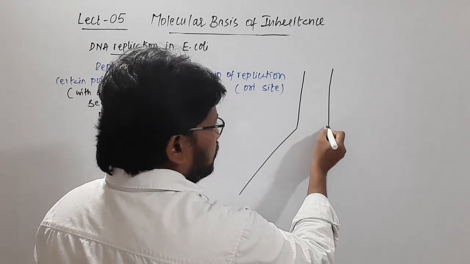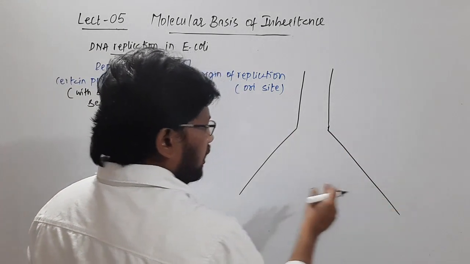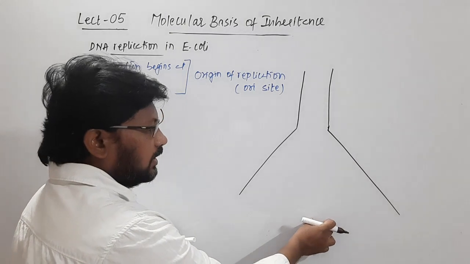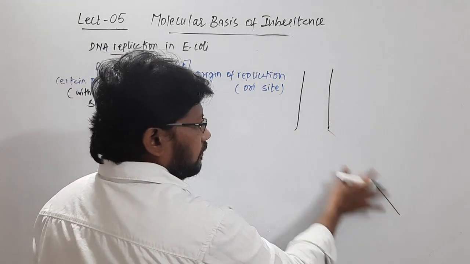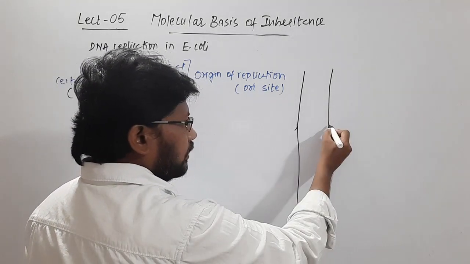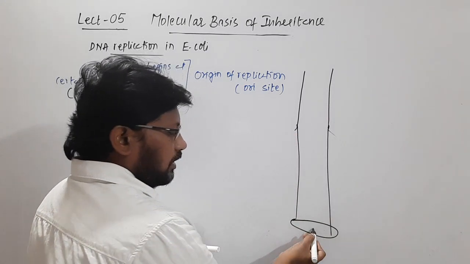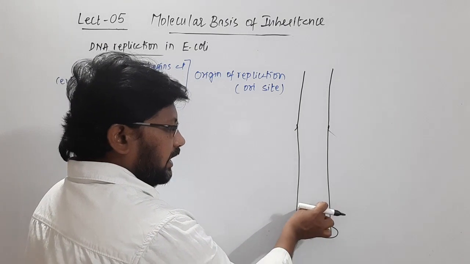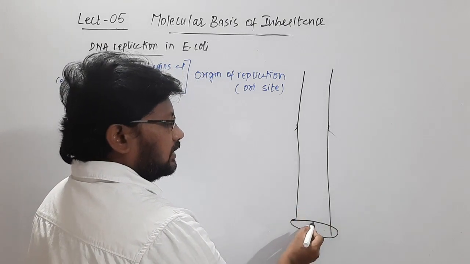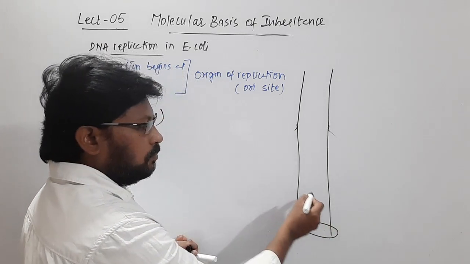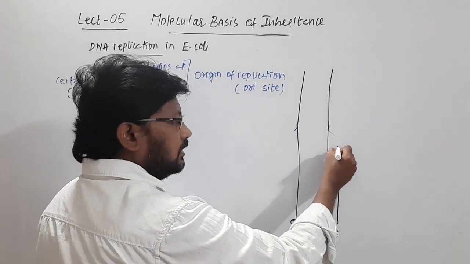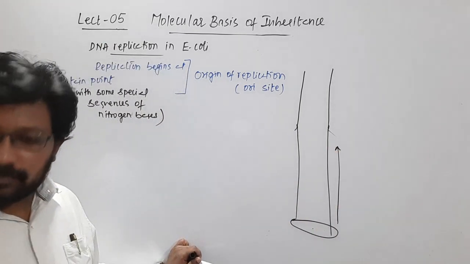And say suppose that helicase enzyme is bound at that point. These two strands are like this. Say here the helicase enzyme bound, and it started separating the two strands and also started to break the hydrogen bonds, and it is moving in this direction.